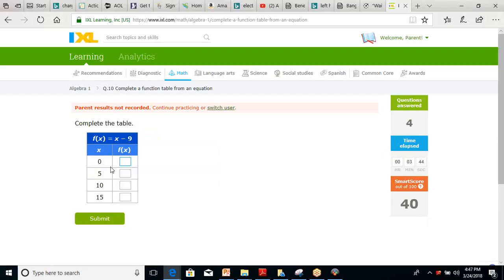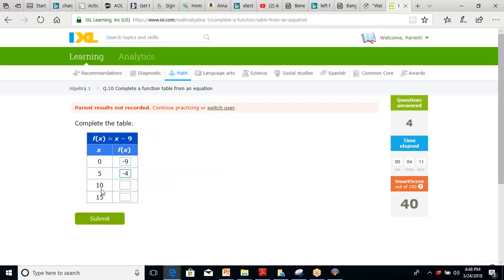All right, and then this one, fx, or if you want to call it y, is equal to x minus 9. If x is 0, then fx is minus 9. Okay, if x is 5, then this is 5 minus 9 is minus 4.